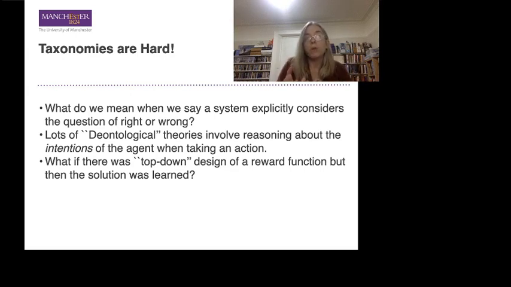Is that then a top-down or a bottom-up approach? So I think these are all really useful ways of thinking about machine ethics systems, but I don't think yet the field has really got some clear taxonomies where you can easily slot any system you come across into one of these places in the taxonomy.